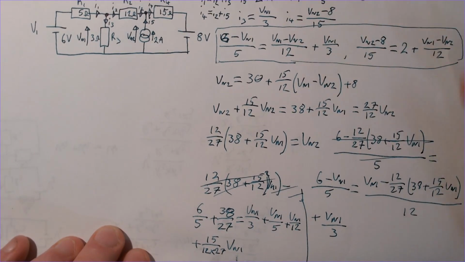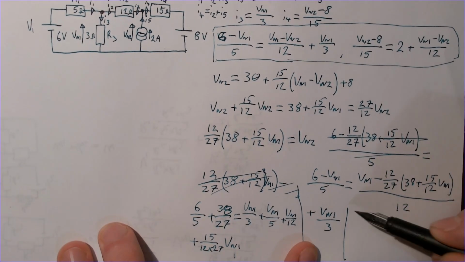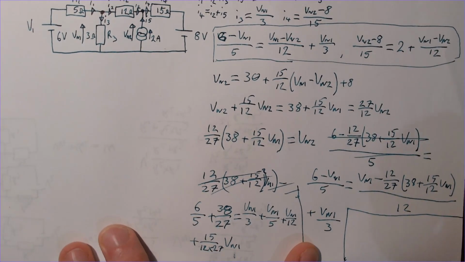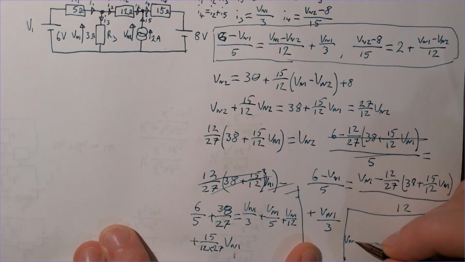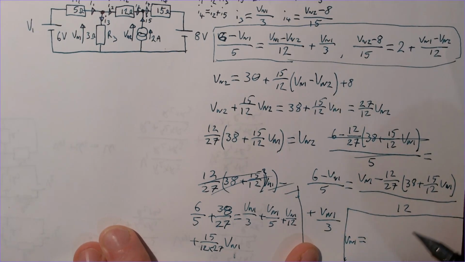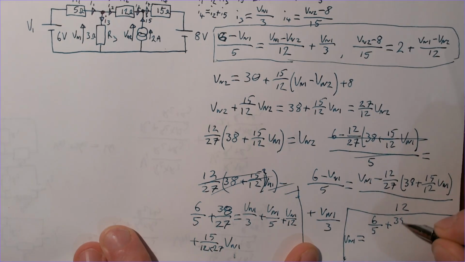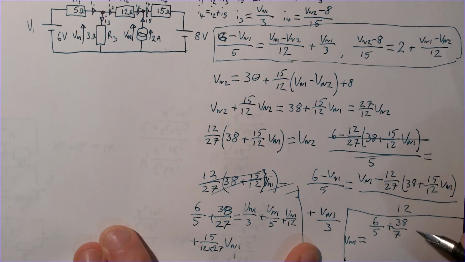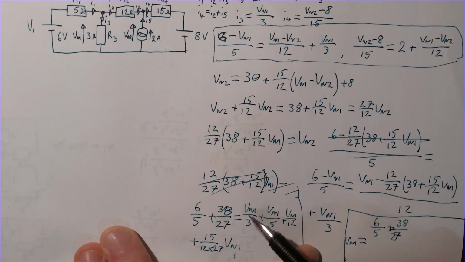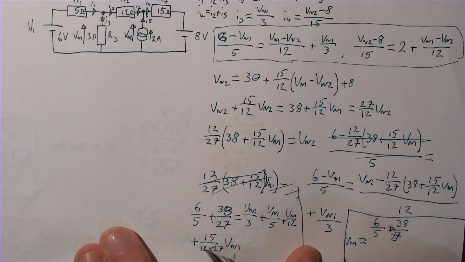Move back into this space here, it's getting a bit cluttered. Vn1 equals 6 over 5 plus 38 over 27. All of these terms can be taken out in front and multiplied by 1 over 5, 1 over 3, 1 over 12, and then that can be moved to the other side.